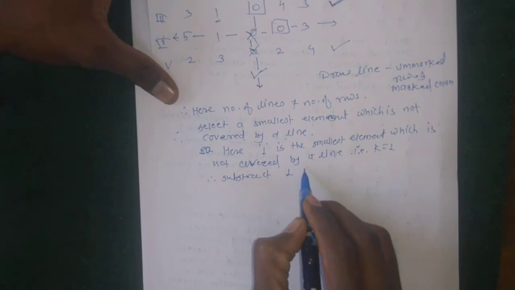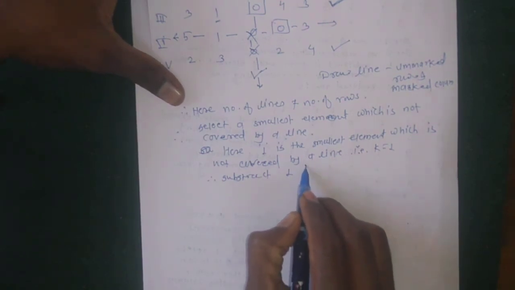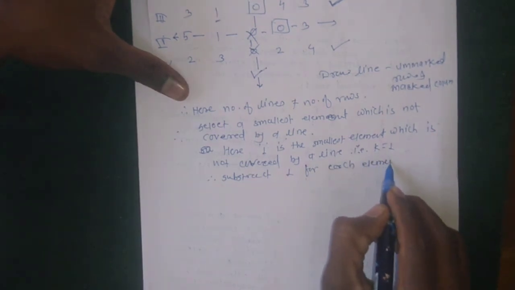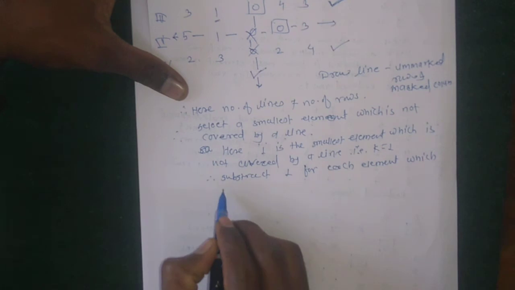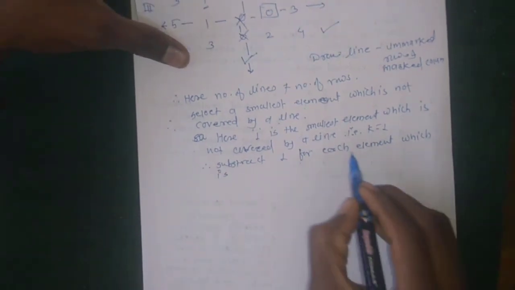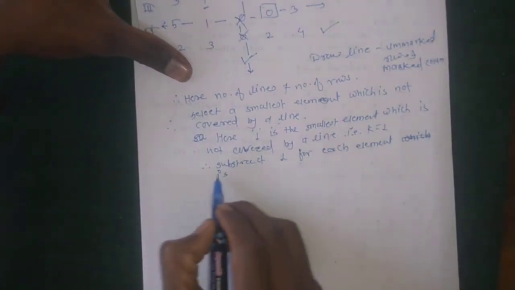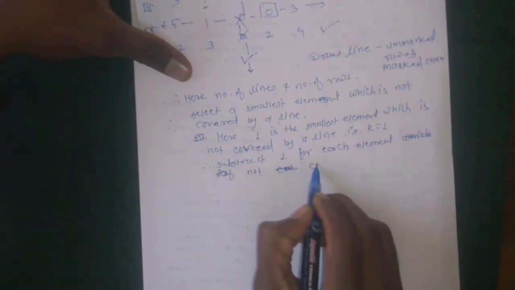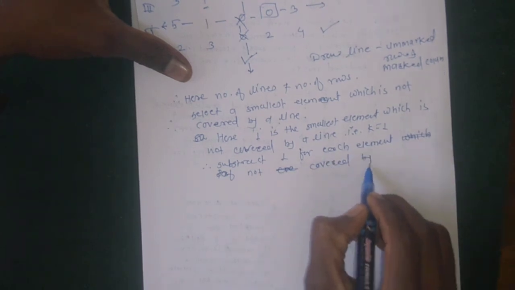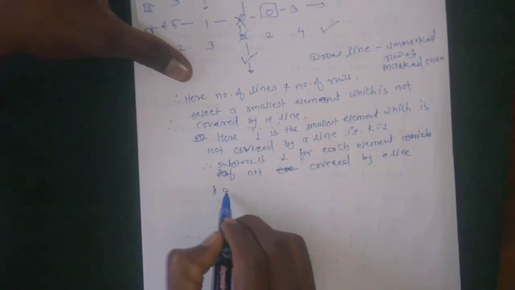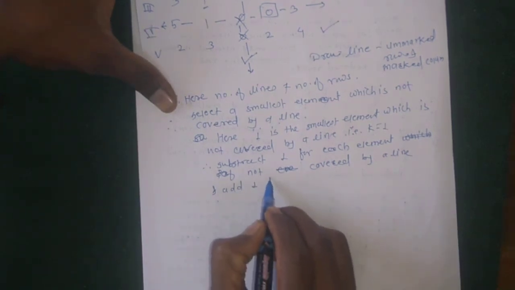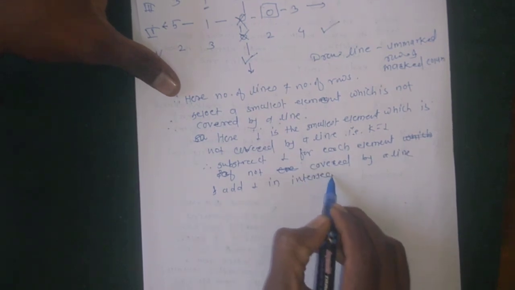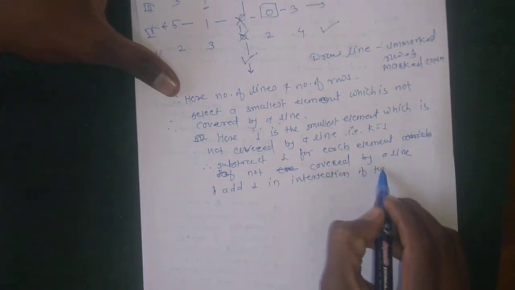Subtract 1 from each element which is not covered by a line, and add 1 at the intersection of two lines.